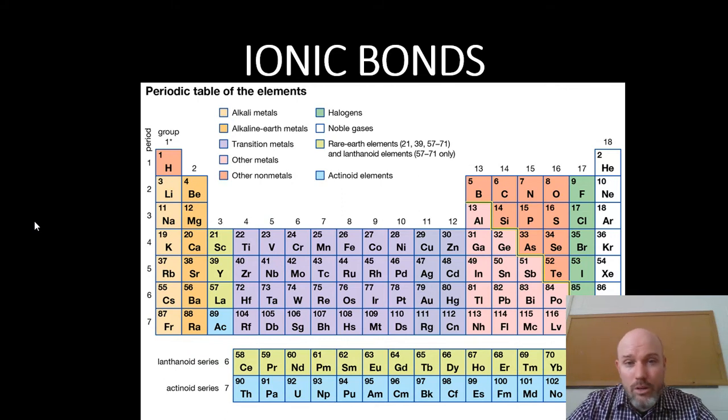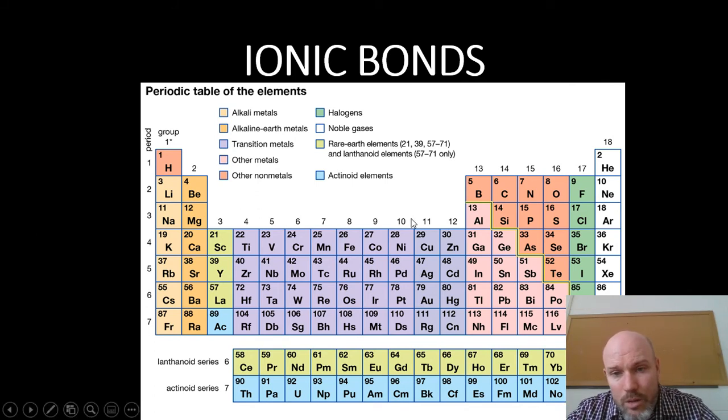So let's take a quick look at the periodic table, because the periodic table is always important and always useful in science, especially chemistry. So let's not forget that most of the periodic table is made of metals. And those metals, for their valence electrons, most of them have 3 or less valence electrons.